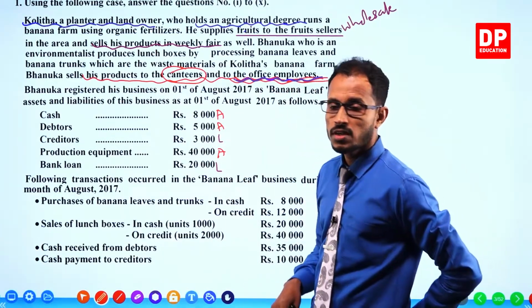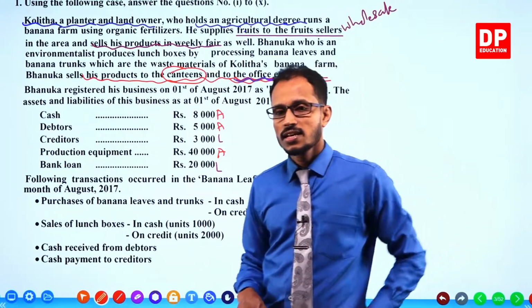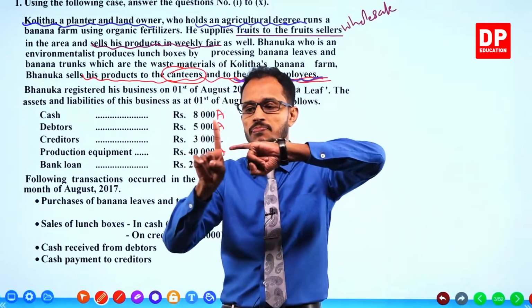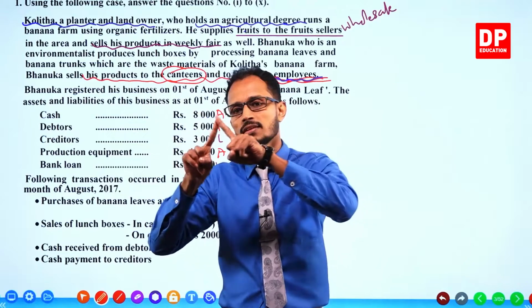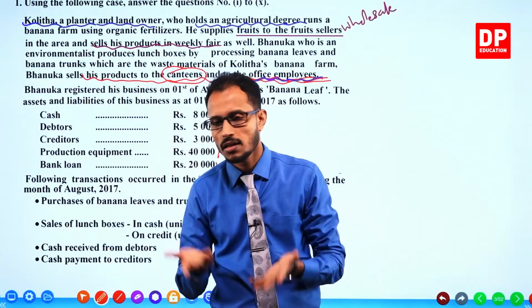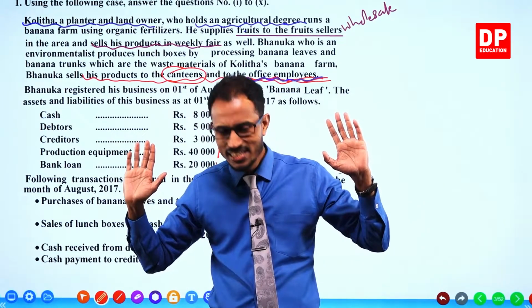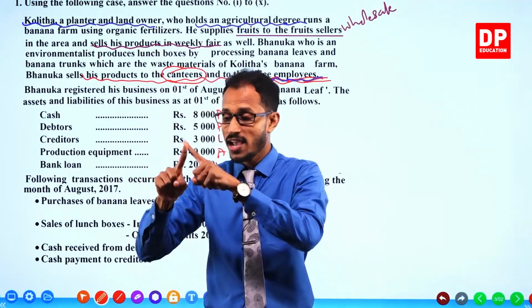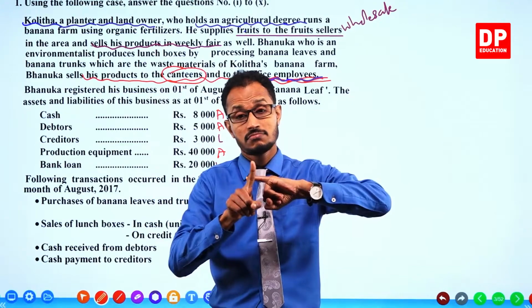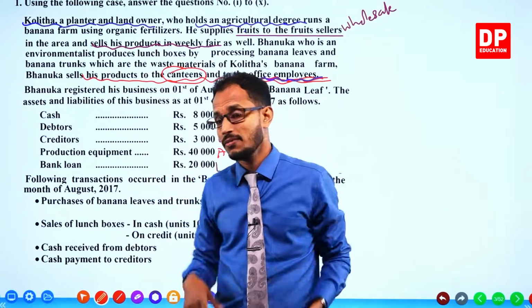Then you minus liabilities from assets. You get capital. That's it. Assets minus liabilities is capital.